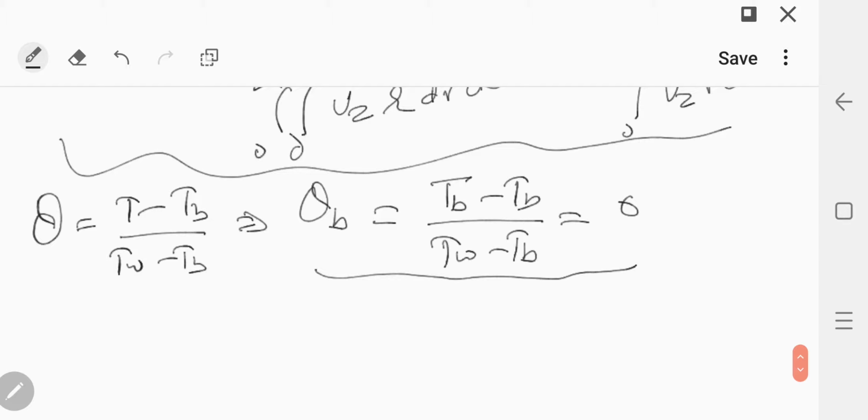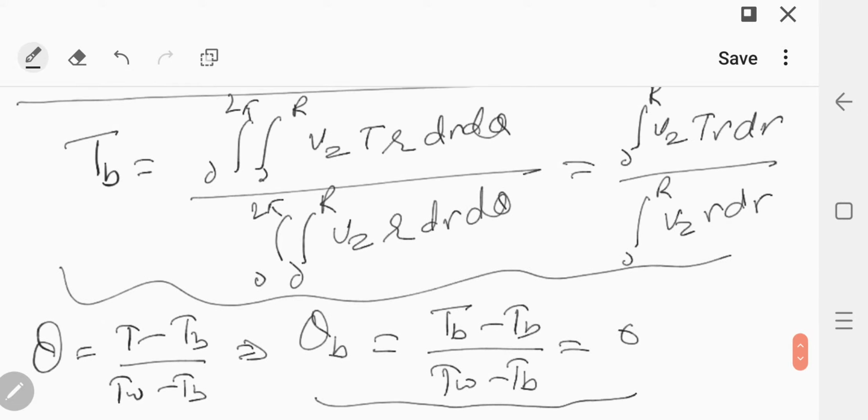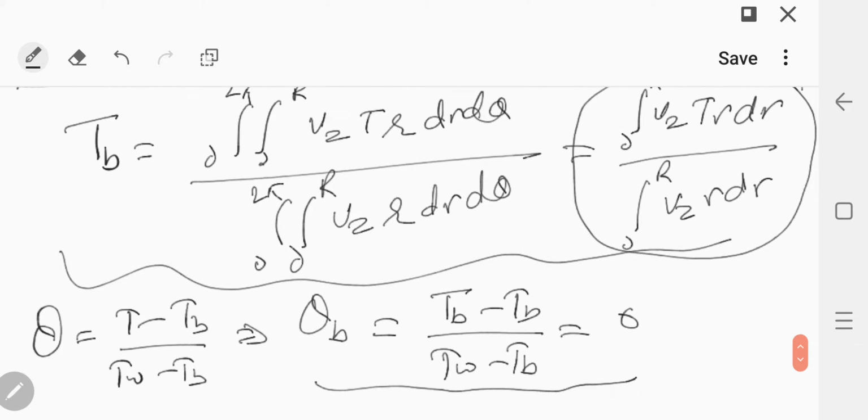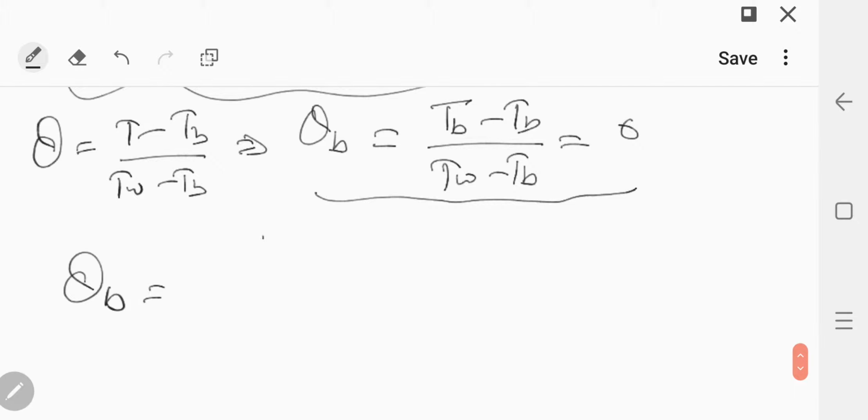Right? That is bulk temperature in terms of dimensionless number, that is 0. And what is theta b? Basically it's this expression in terms of dimensionless variable, which is 0 to 1.